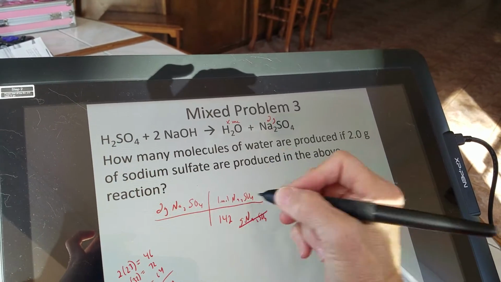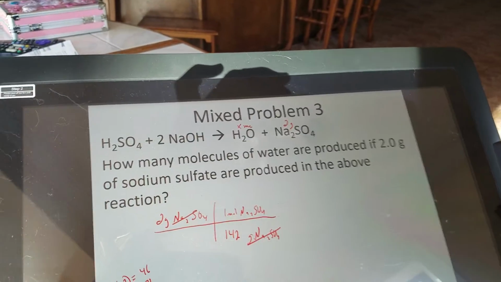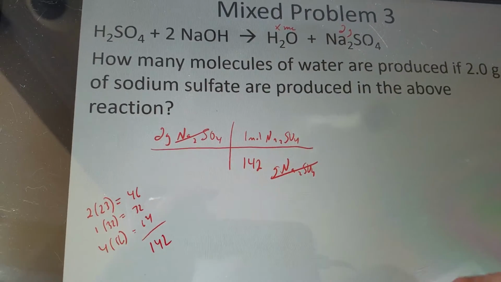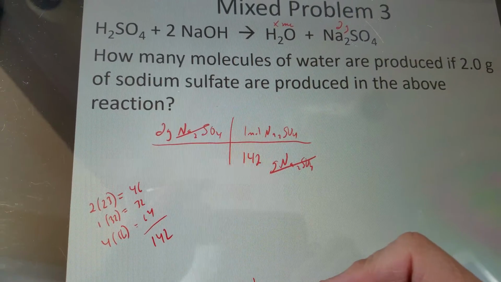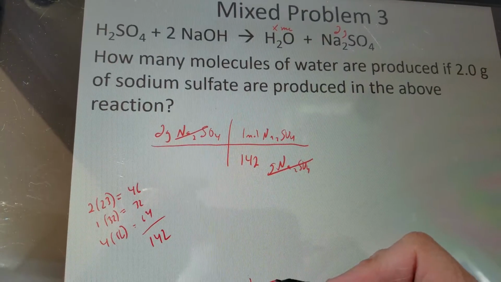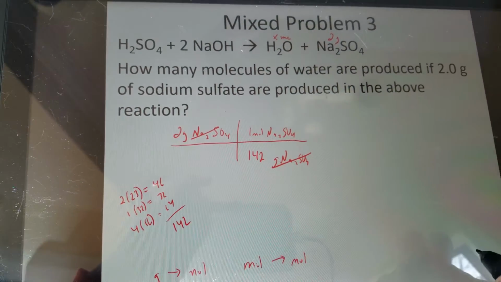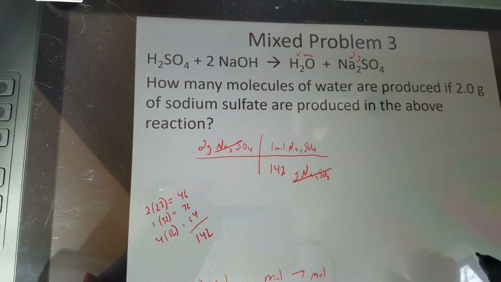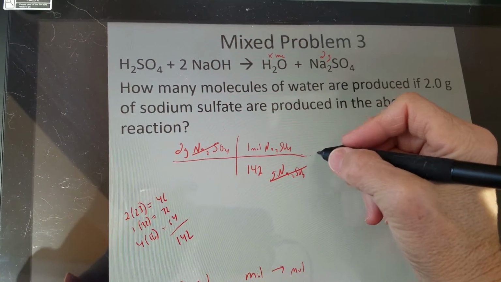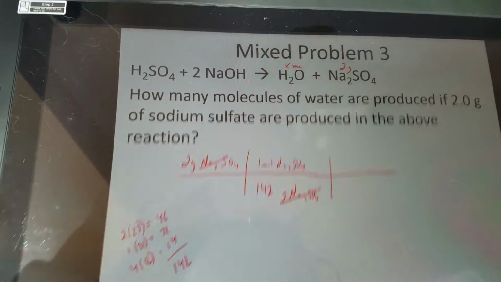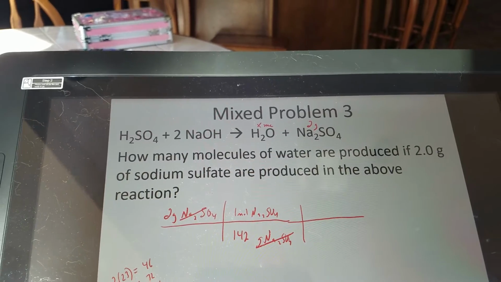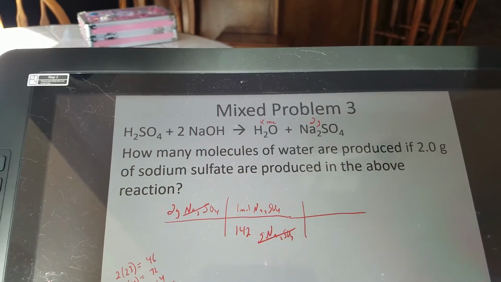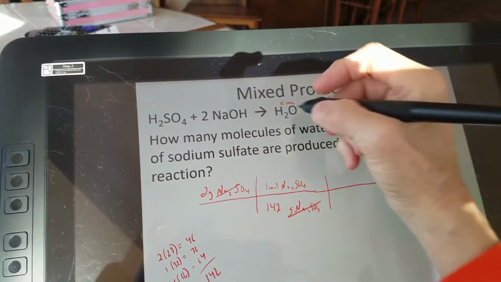Now, just like before, we're going to go from moles of what we started with, in this case the sodium sulfate, to moles of what we're looking for. In this case, that's going to be water. So now we are going to use our coefficients from our balanced equation. And I think this is wrong. There should be a 2 here. All right.